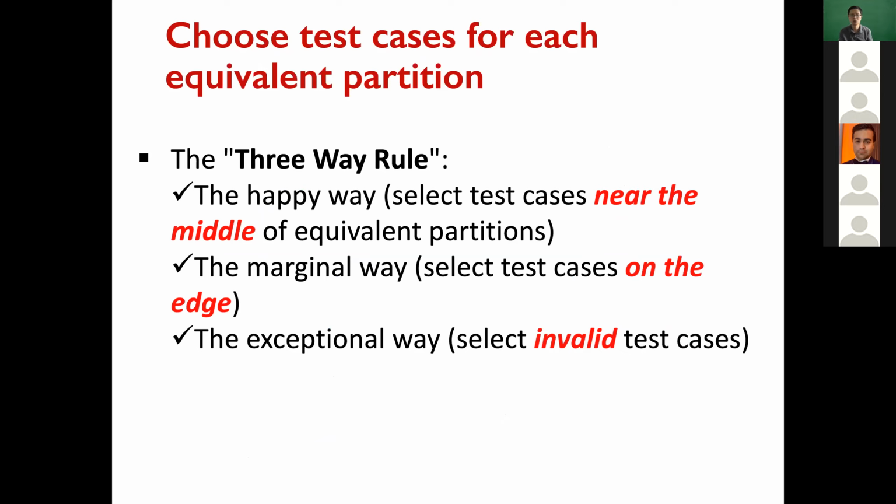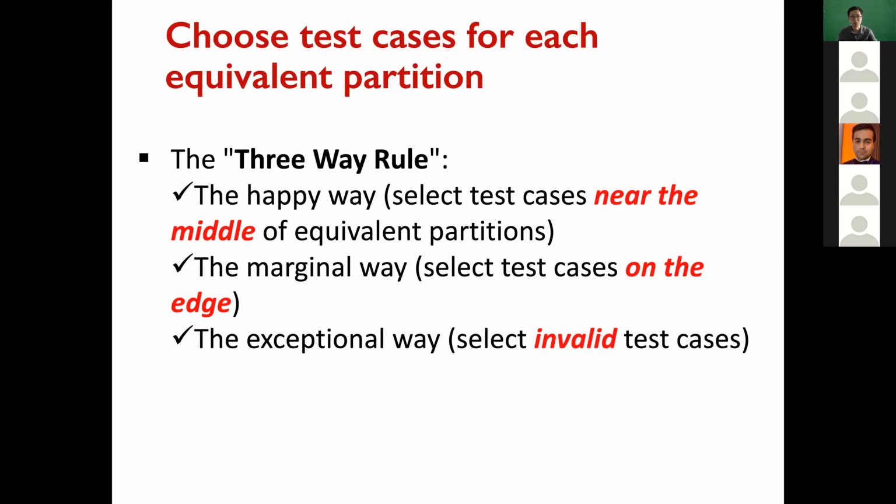This is a 3-way rule: the happy way, the marginal way, and the exceptional way. For the happy way, we select test cases near the middle of equivalent partitions. For the marginal way, we select test cases on the edge. For the exceptional way, we select invalid test cases.